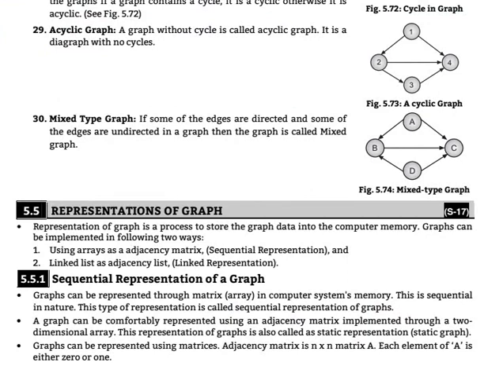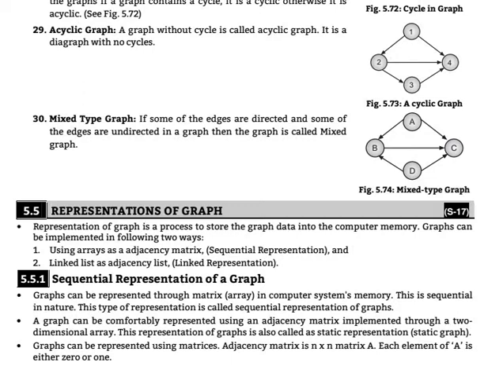Representation of graph is the process of storing the graph data in computer memory. Graphs can be implemented in two ways: using arrays as an adjacency matrix, which is called the sequential representation, and using a linked list as an adjacency list, which is the linked representation.